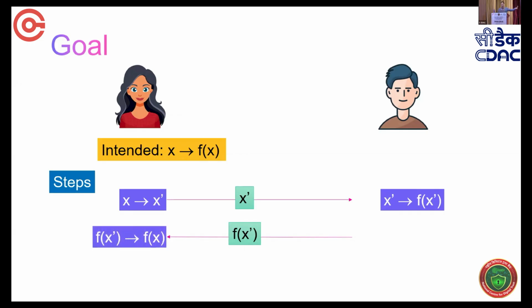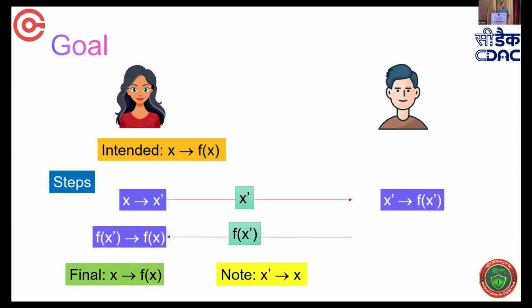This is my goal. In this way, from x, I can get f(x). Now, it's important that from x dash, I cannot get back x. That's not possible. Otherwise, even the quantum computer can get back my original input by applying that function.